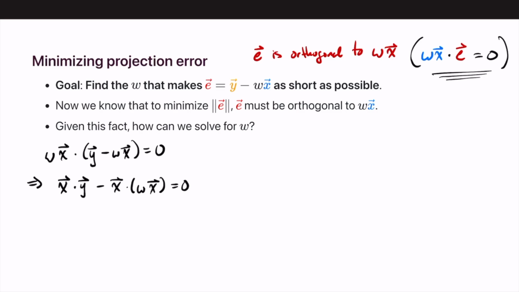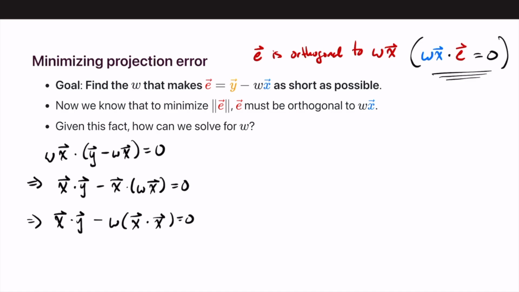So we can rewrite this as x dot y minus, so we'll pull that W out, then we have x dot x equals 0. Okay, that's looking all good.